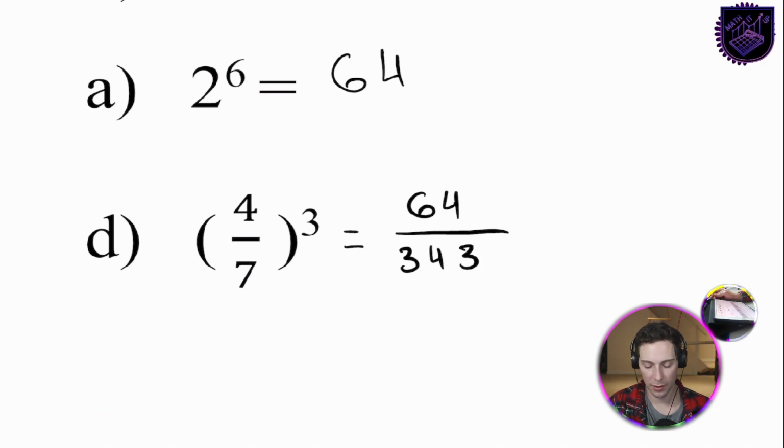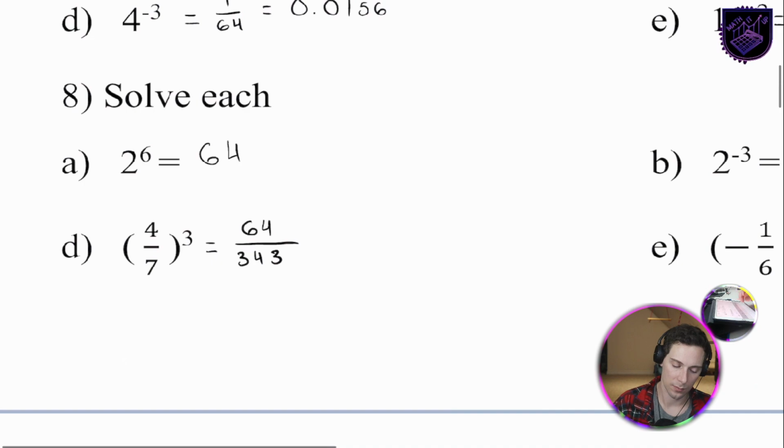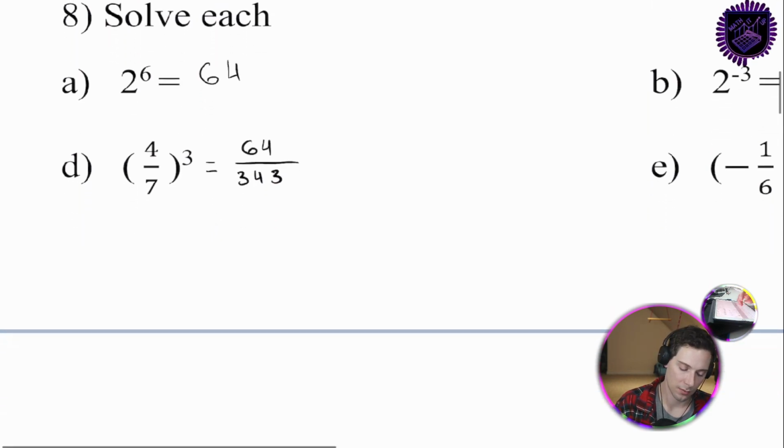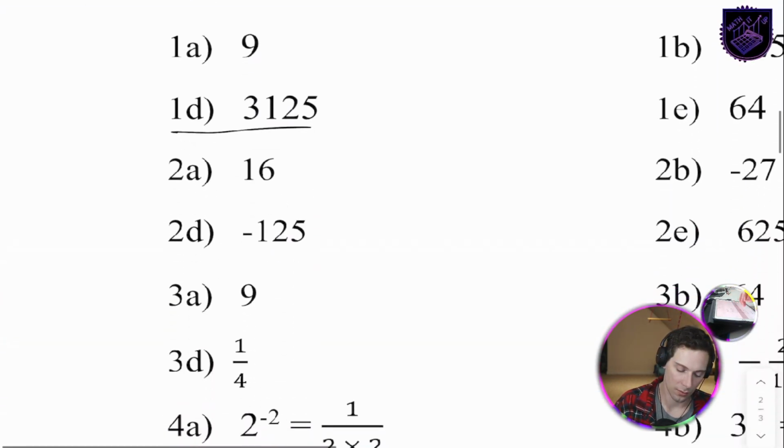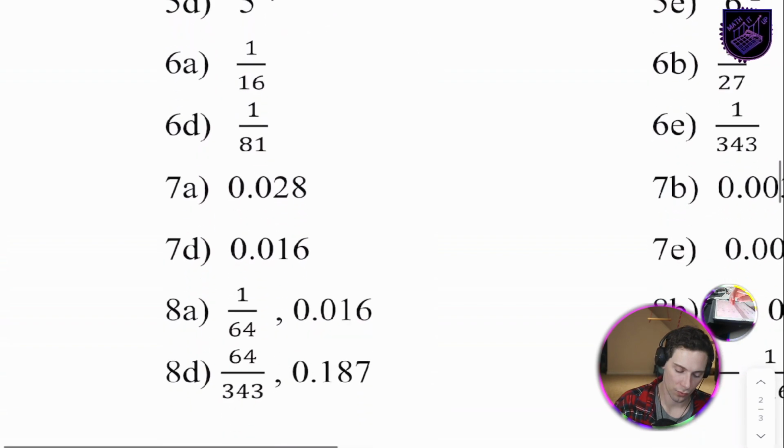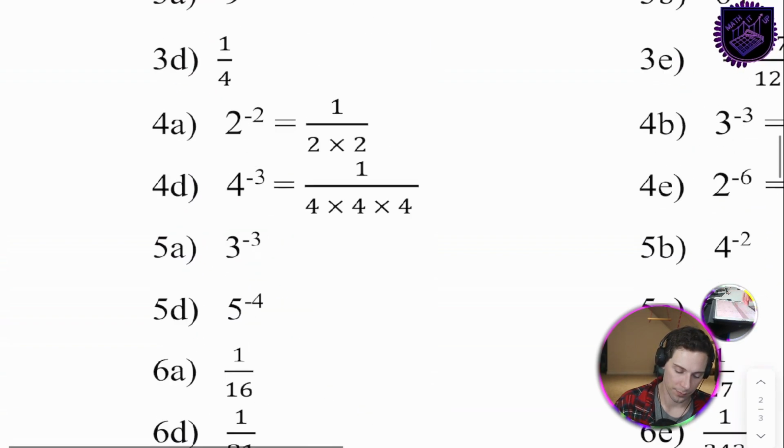Common denominator in there? A 4 and a 7. I don't think so. No.